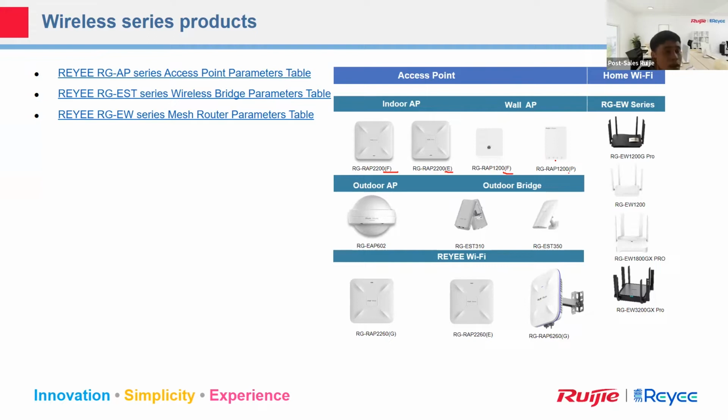This is the PoE. We have one port PoE. This model supports LAN ports. You can install this in the room and use the LAN port on the access point to connect to an IP phone, a TV, or a laptop, in this kind of scenario.